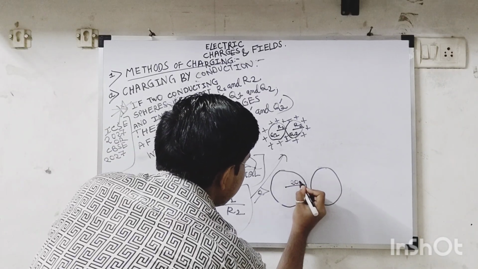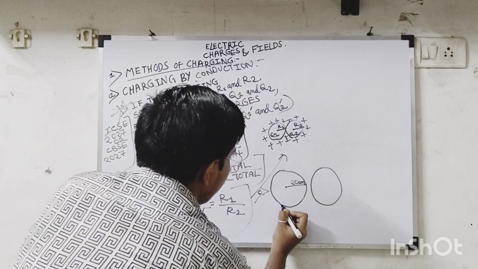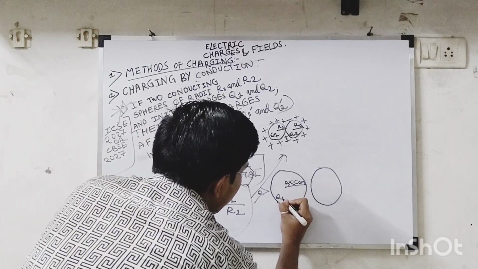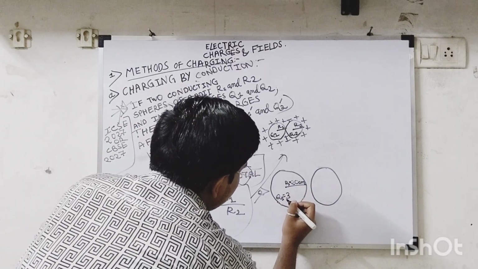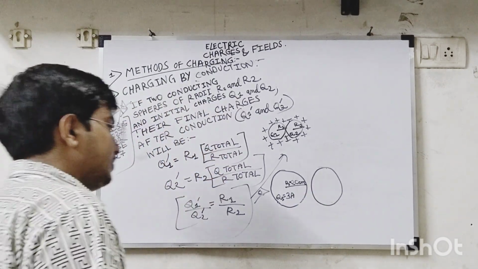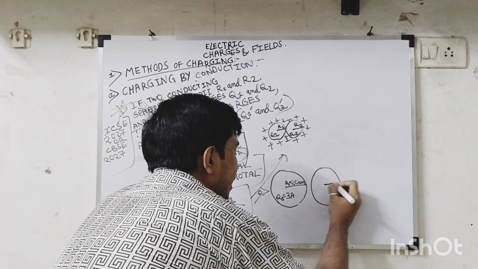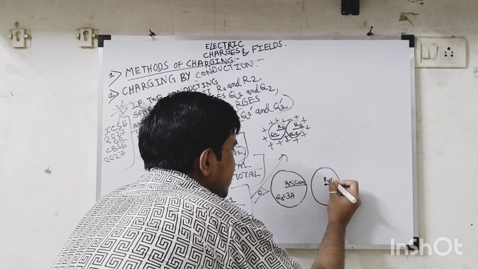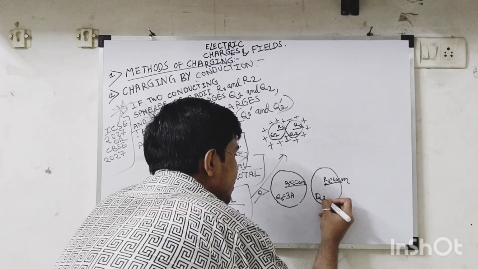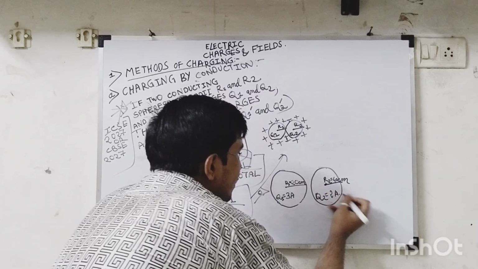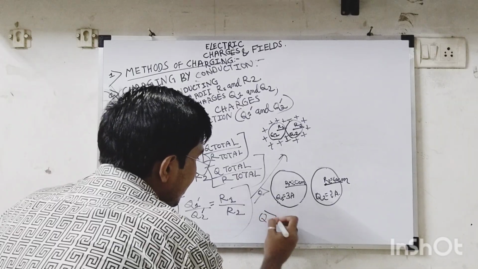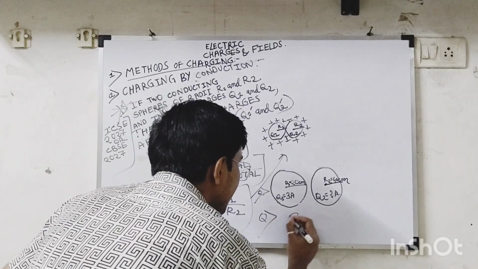R1 is 20 centimeter, Q1 is 3, and R2 is equal to 40 centimeter and Q2 is equal to 2. Then what will be the answer?